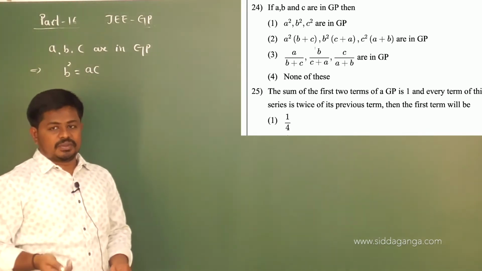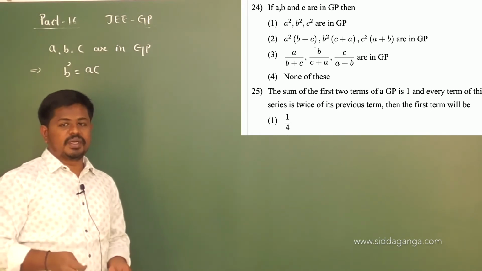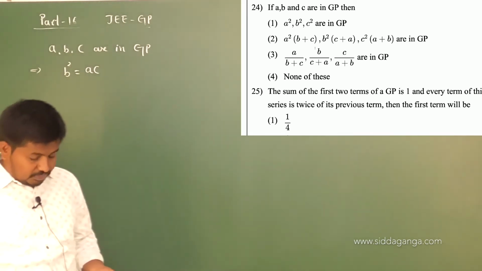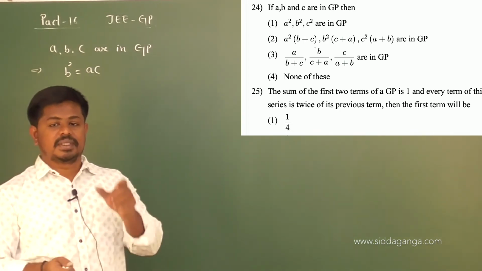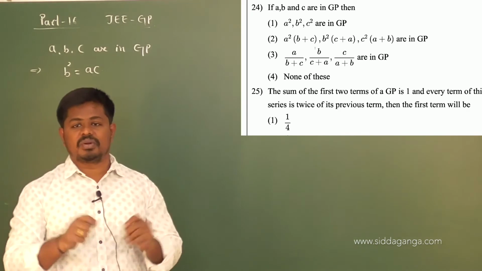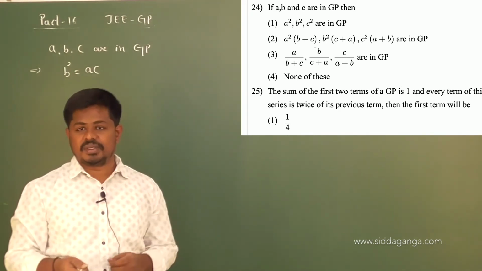Let me check the first option. We can say 3 numbers are in GP only when the square of the middle is equal to the product of the first and the last one, right?